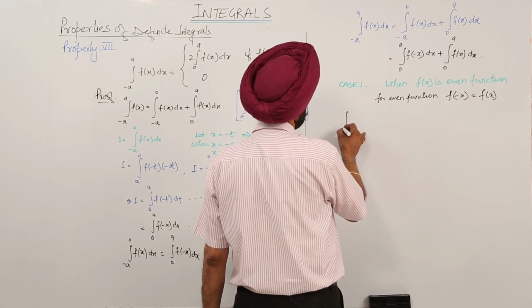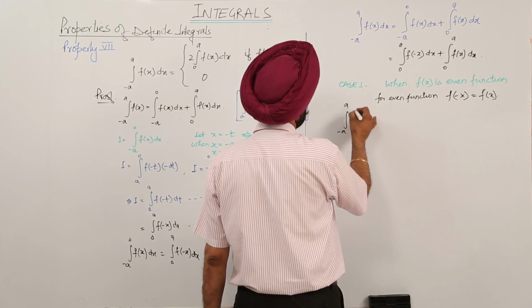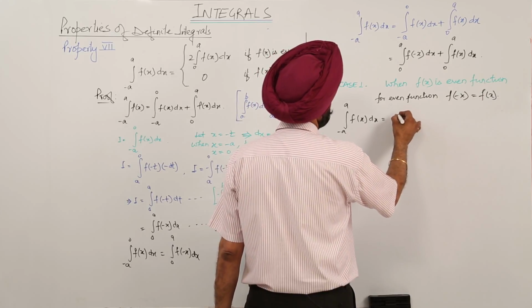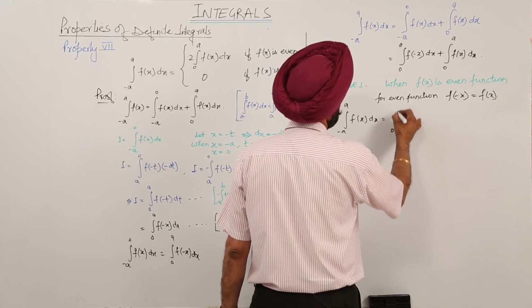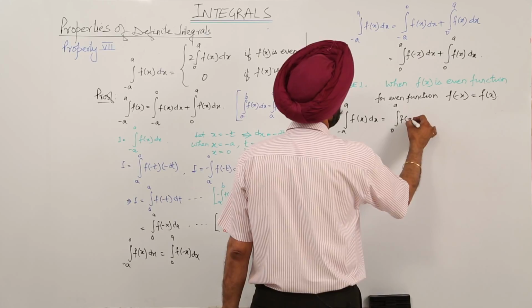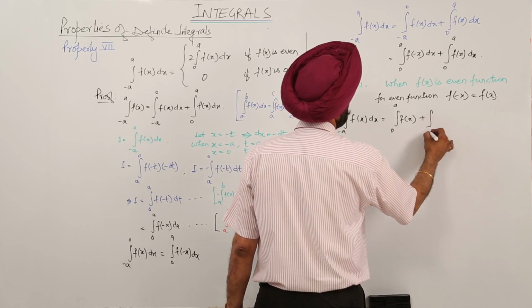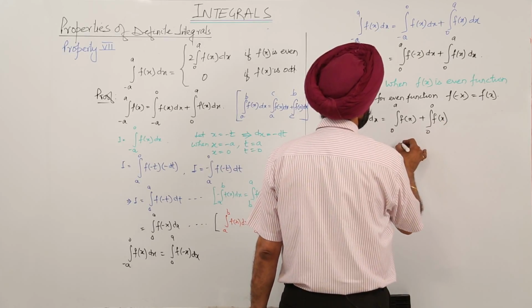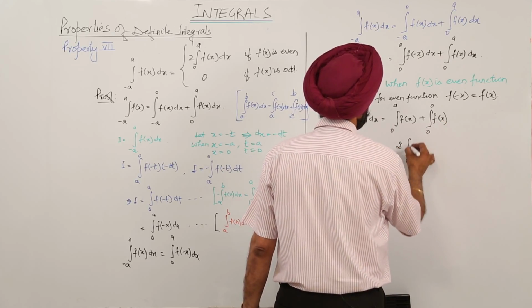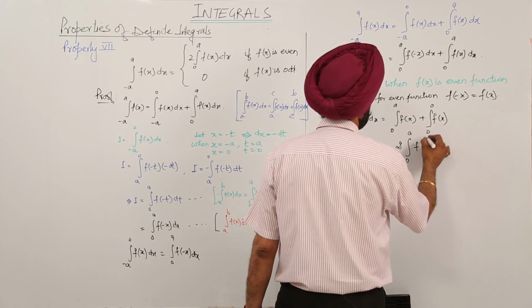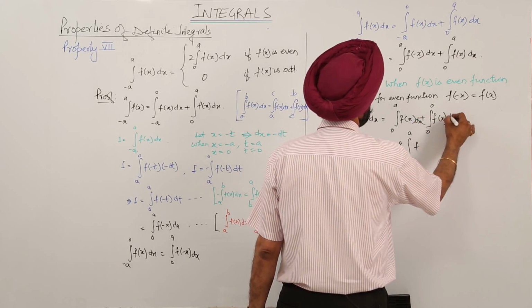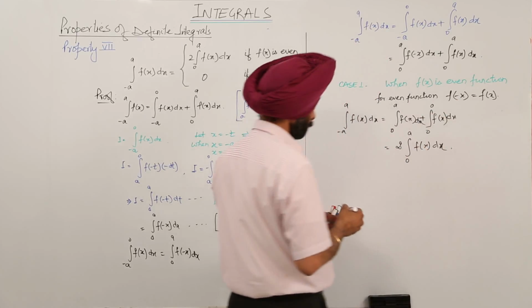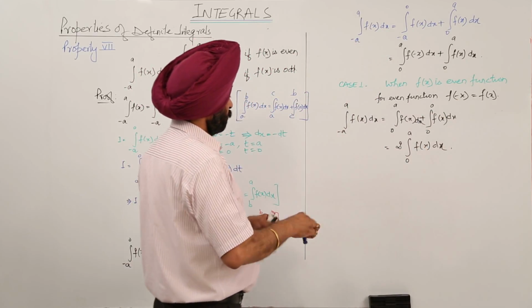Now the integral from minus a to a of f(x) dx is equal to the integral from 0 to a of f(x) dx plus the integral from 0 to a of f(x) dx, and this is equal to twice the integral from 0 to a of f(x) dx.